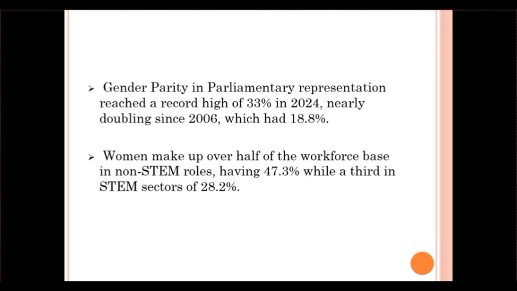Parity in parliamentary representation reached a record high of 33% in 2024, nearly doubling since 2006, which had 18.8%. In 2006, there was only 18.8% parity. Now it is 33%.